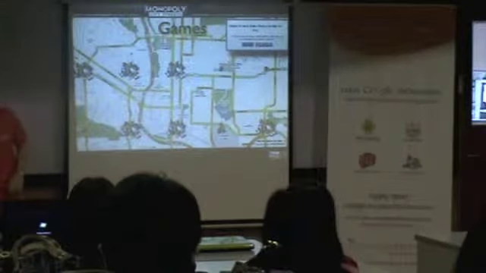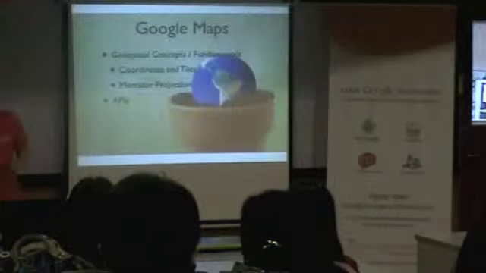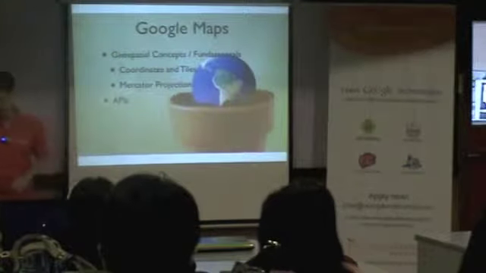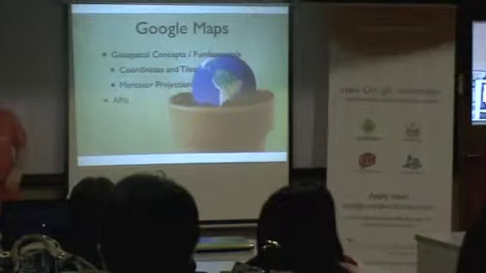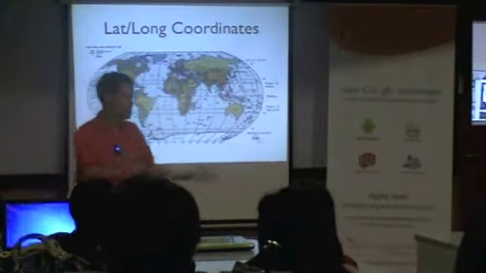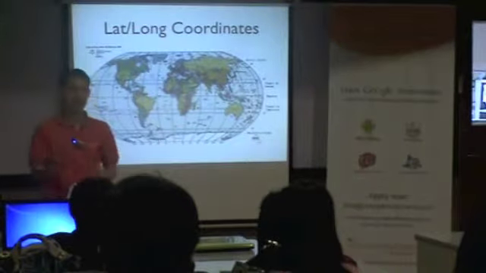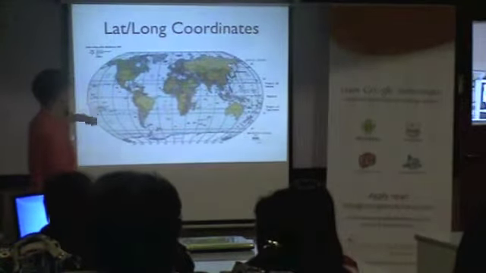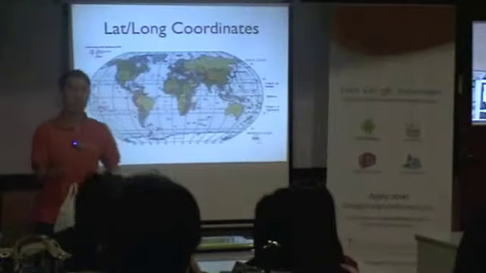Okay, let's go into the details of Google Maps itself and some fundamentals on how to do maps. If you wanted to program and create your nice app taking advantage of the maps, you've got to learn latitude and longitude.